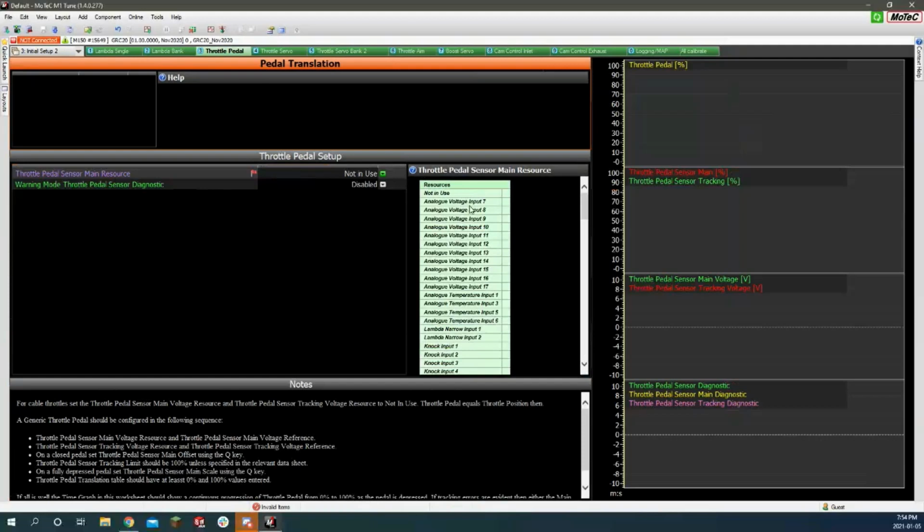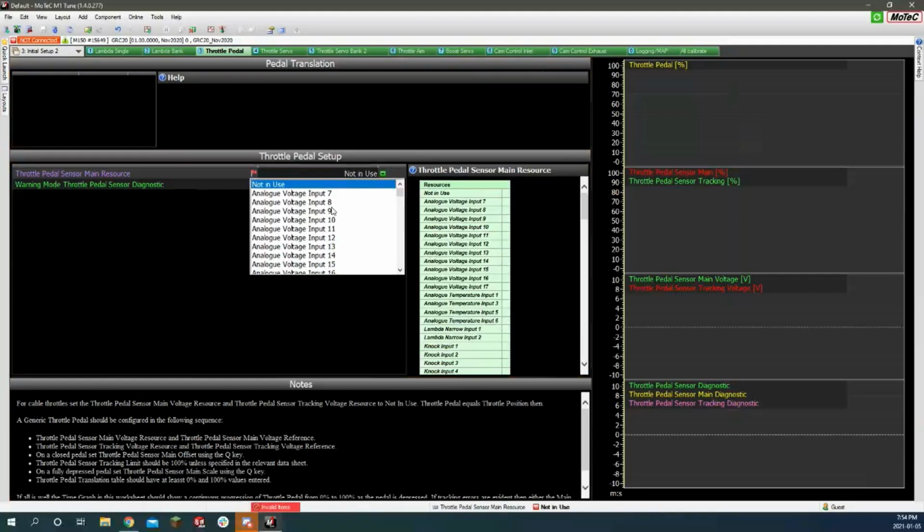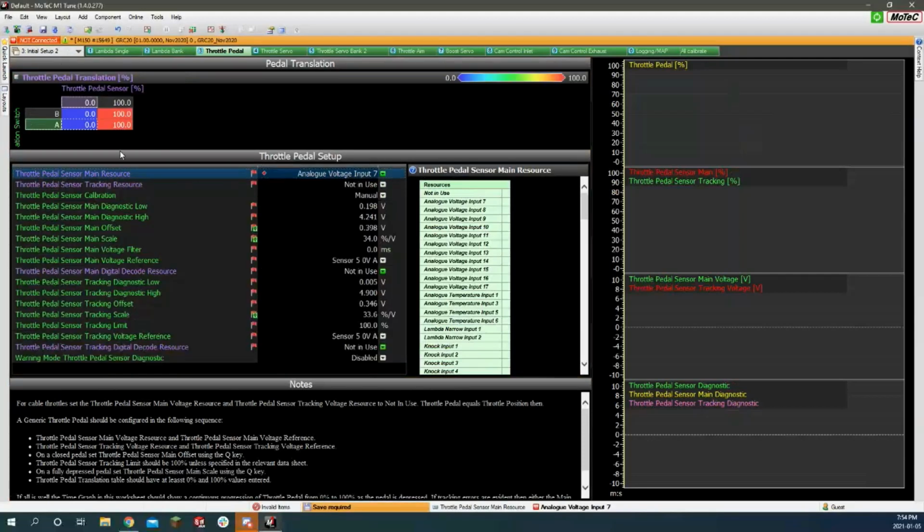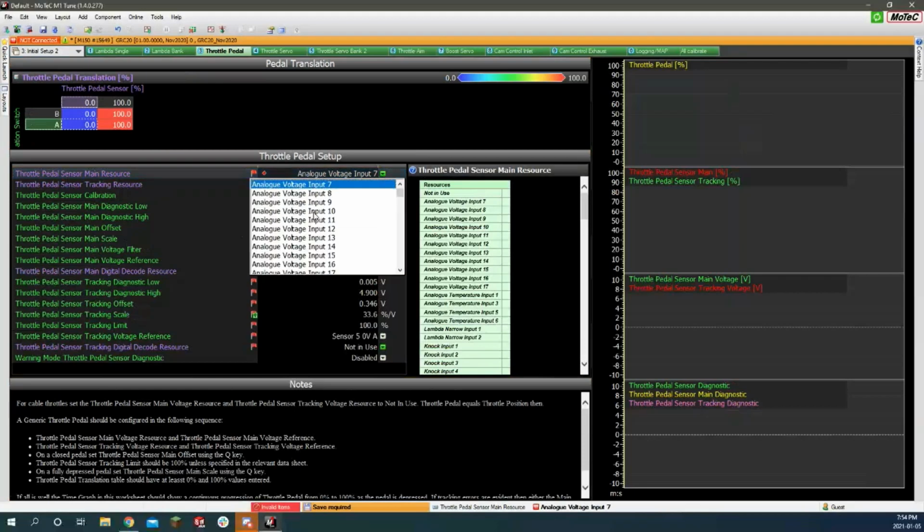This is just the throttle pedal sensor if we used it. So if I set it to there, you can see there are a whole bunch of different things to calibrate. This is for electronic throttle. So there's a bunch of stuff in the FSAE rules about this as well.